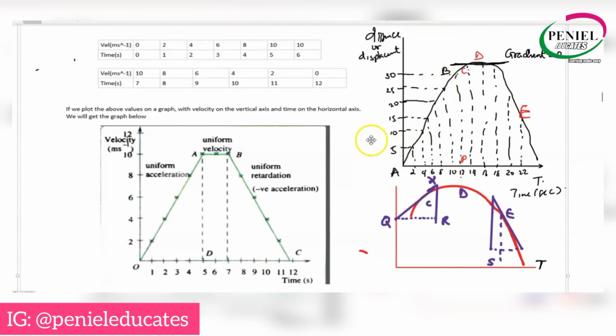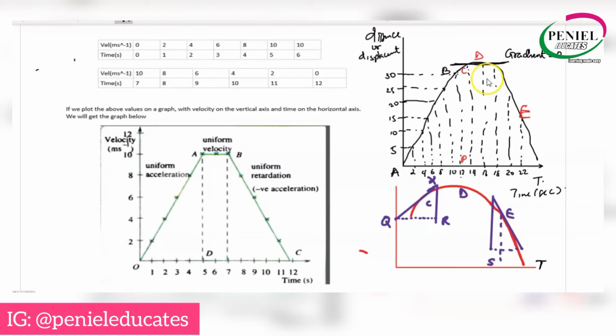Okay, but beyond this line AB, you discover that the graph is no more straight but curved. So you have a curved line from here, that's from C, D, here. So we have a straight line going straight here, then we now have a curved line.